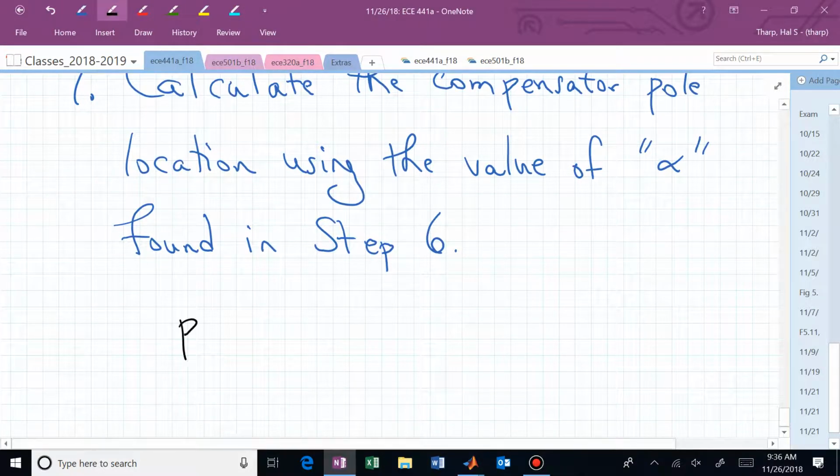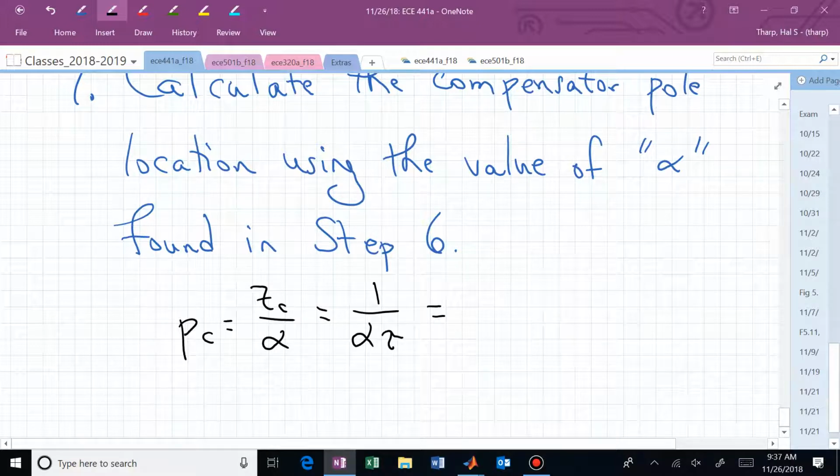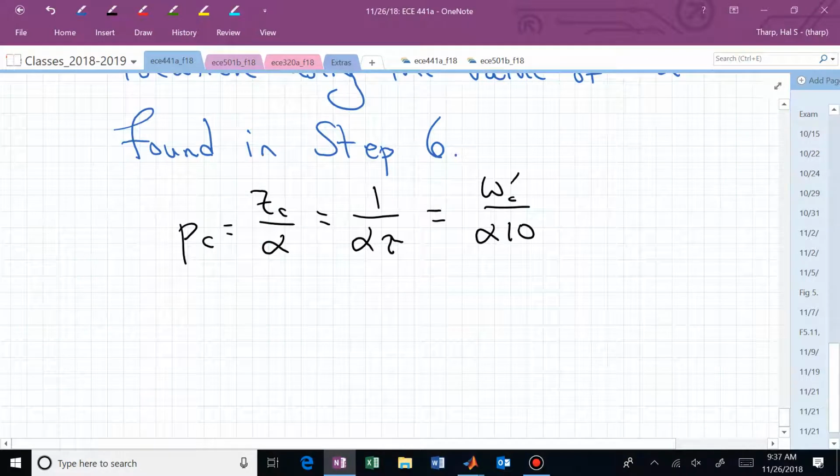P sub C is Z sub C over alpha. We had Z sub C from an earlier step. We just calculated alpha. There's now P sub C. This is now 1 over alpha tau, or omega sub C prime divided by 10 times alpha, where 10 alpha is in the denominator.